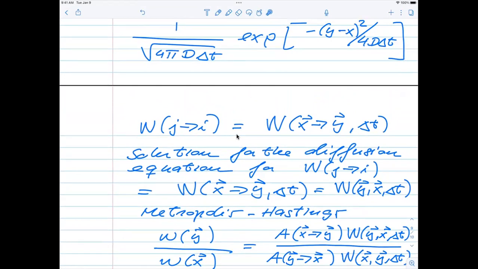So if you have a distribution which is a Gaussian, you can actually show that. Now, if you want to implement this specific solution to the diffusion equation, what happens with the ratios of the transition probabilities? So if we single out this, what can you say about this ratio here if you use this probability distribution?